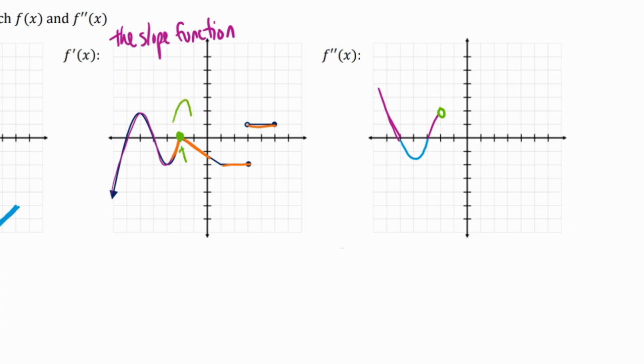It's just this weird cusp, is what we call it. Whenever you have a cusp, which is where a line meets a curve, that means the function is not differentiable at that point. So on the derivative graph, it would be a hole. And then we have a slope that's negative 2/3.